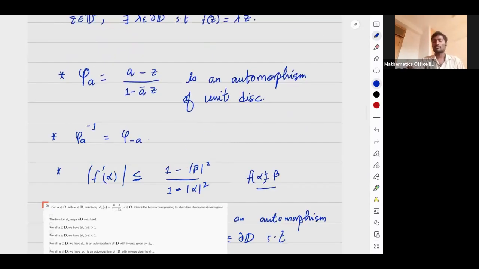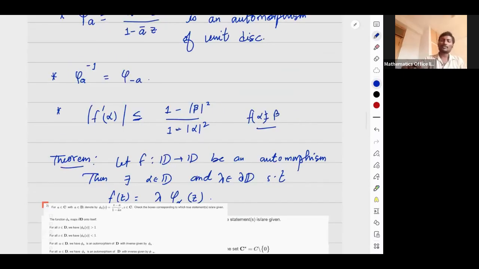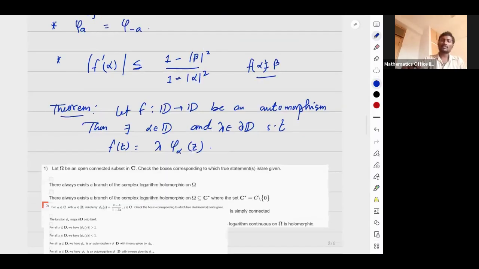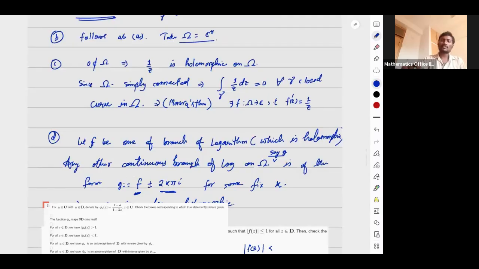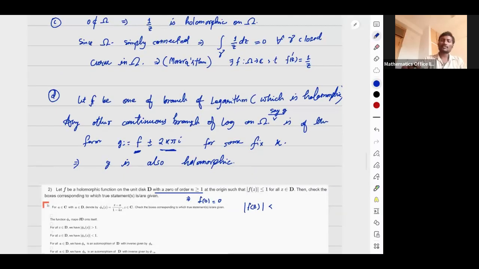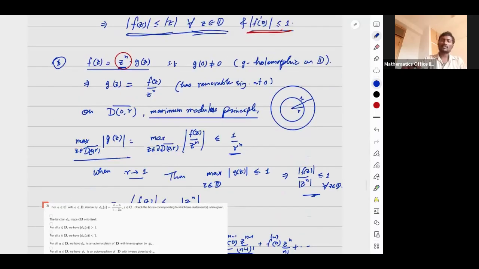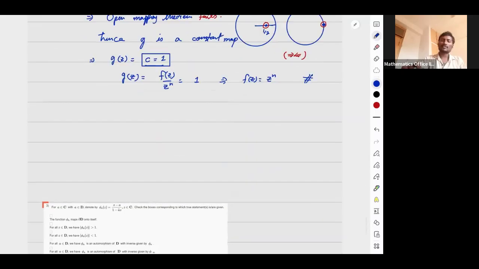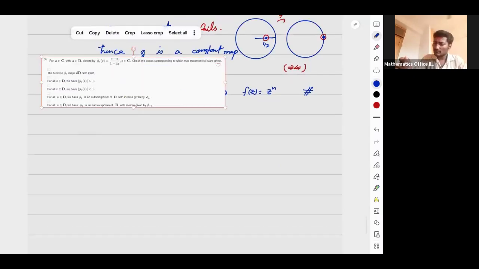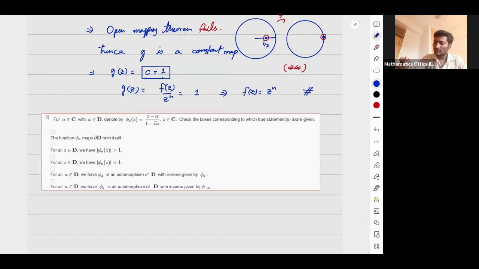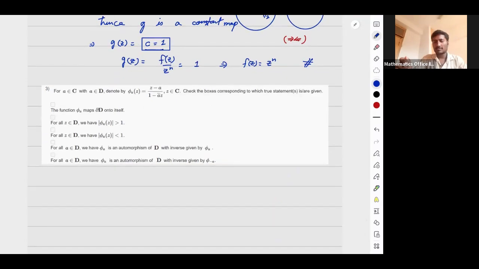I have not gone through that, but I will suggest. This is not the same function as in the classroom.